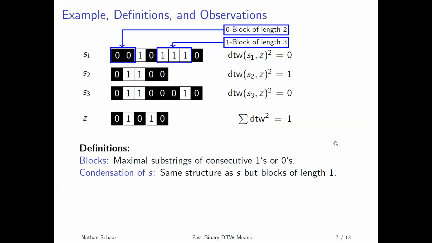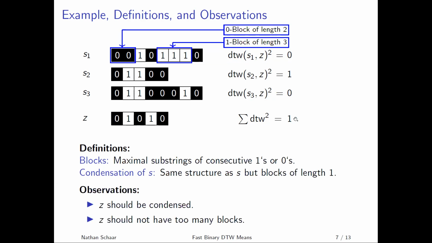So at this point, we can already make some observations. First of all, we can see that Z should be condensed, because when we warp later on, we can copy all symbols and all the blocks arbitrarily often. So we can make the blocks arbitrary length. And if we start with length 1, then we never make a mistake in the wrong direction, basically.